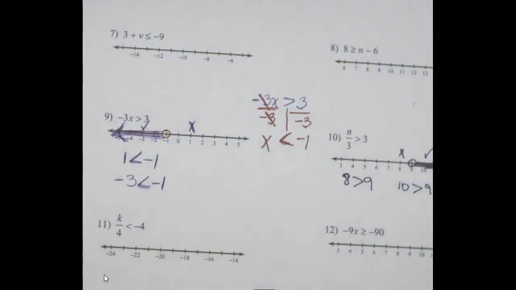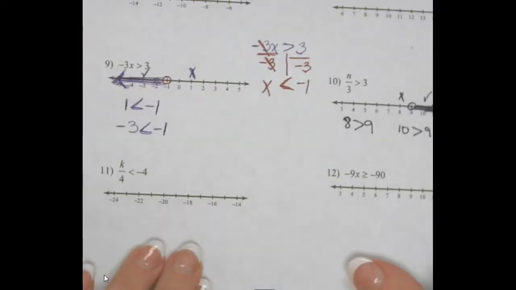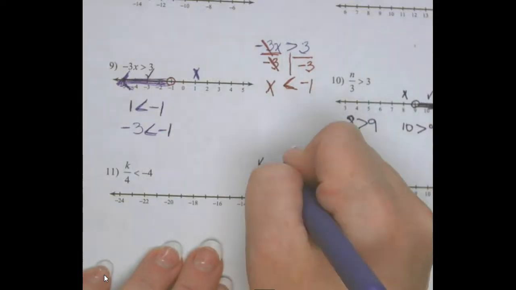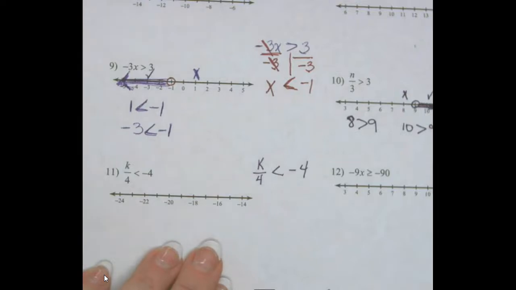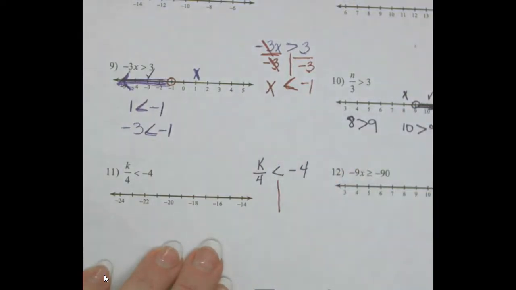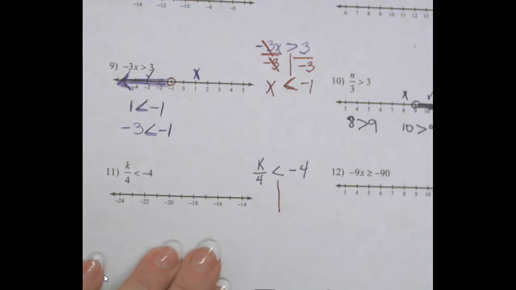Number 11. K over 4 is less than negative 4. I'm going to draw my river because whatever I do to one side, I'm going to do to the other. This is a division problem.